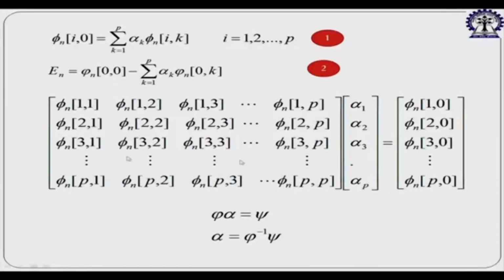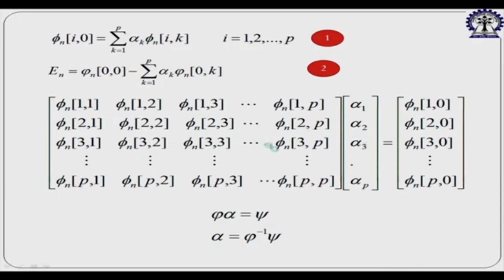Instead of autocorrelation, I can use the covariance method to find the LPC coefficients. What we want is the same solution of this matrix, which we have already derived.